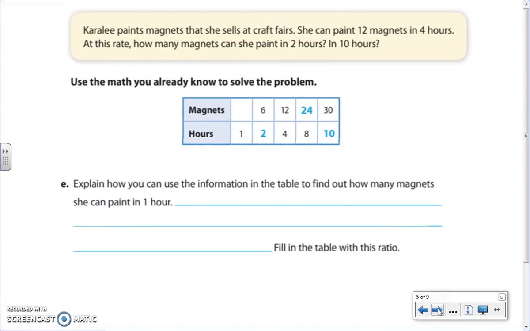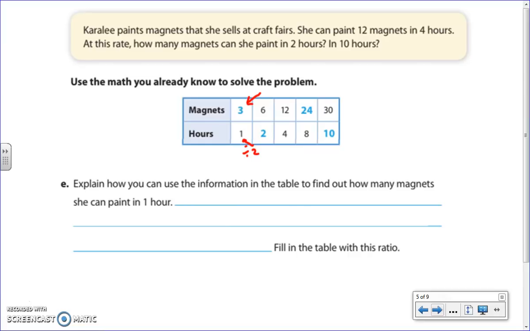It says to explain how you can use the information in the table to find out how many magnets you can paint in 1 hour. And so we initially did this with the unit rate. We started with our 12 to 4, and we divided both by 4, and we got 3 to 1. But if I were using the table, I could continue on dividing. Going backwards, I could say, okay, well, I see 2 divided by 2 would equal 1, so 6 divided by 2 would equal 3.